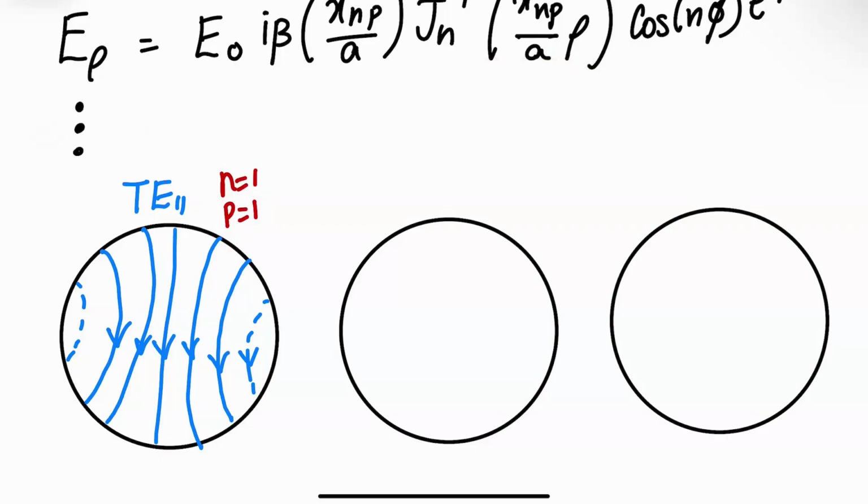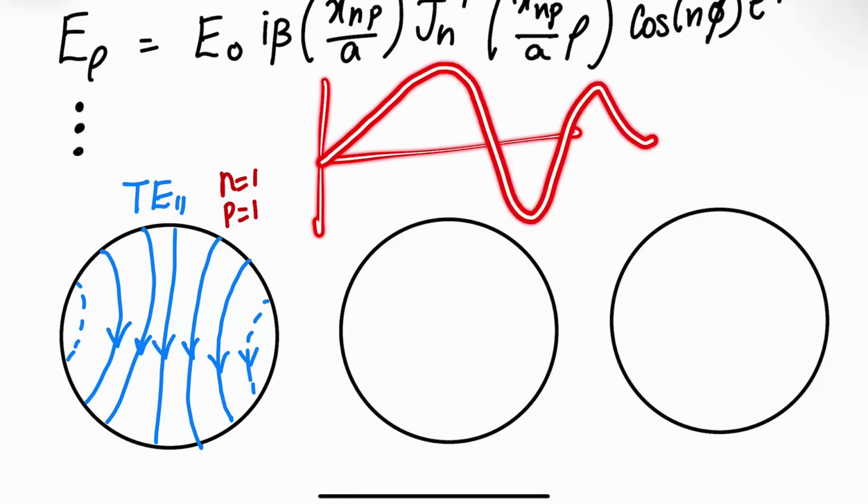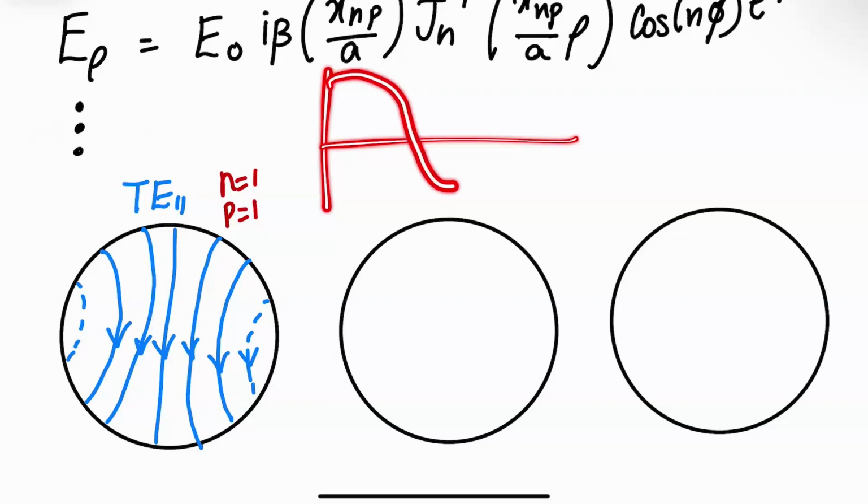So you basically have J1 prime. J1 had a 0 at rho equal to 0, at x equal to 0, and then it did something like that. But the derivative is not 0. The derivative actually is something like this, and you can also see that from the recurrence relations, or the derivative relations.